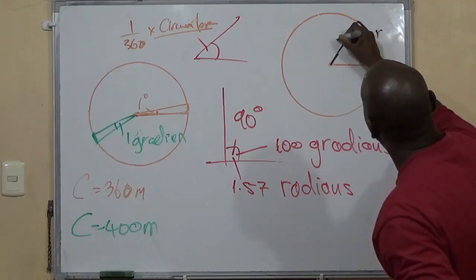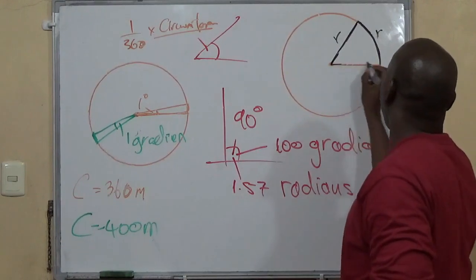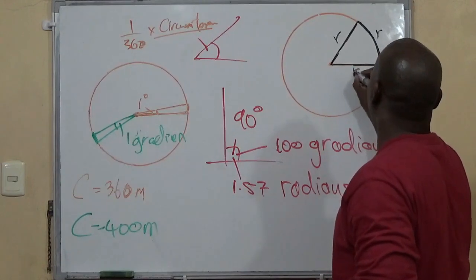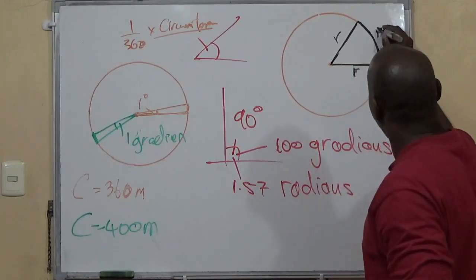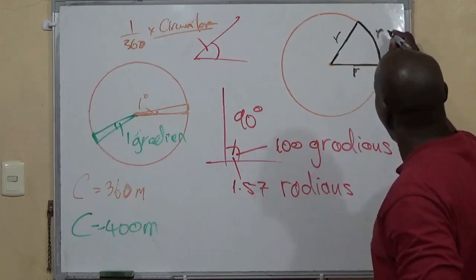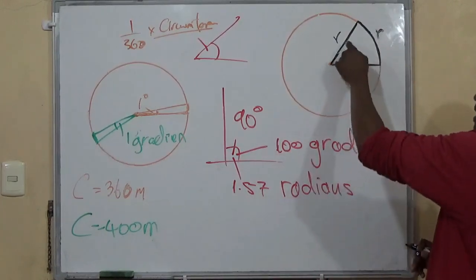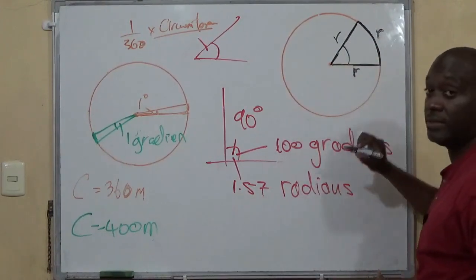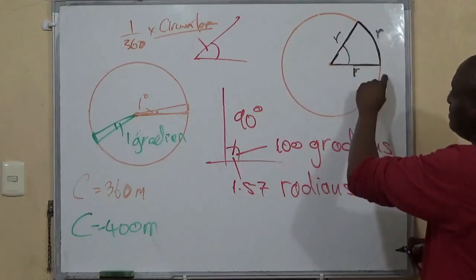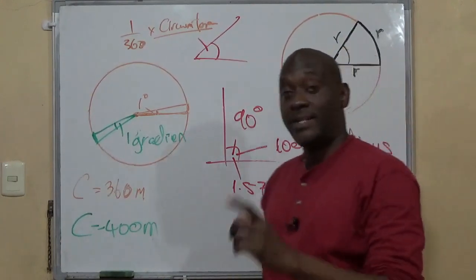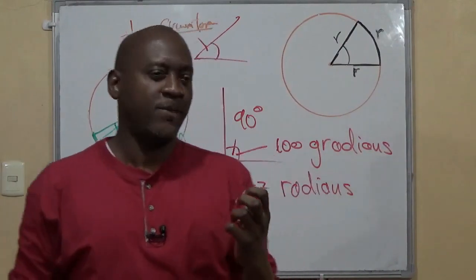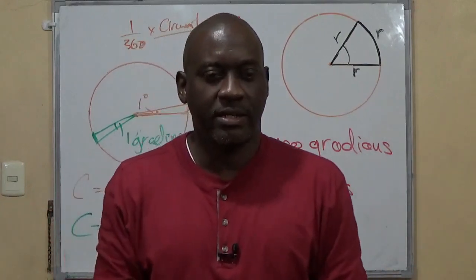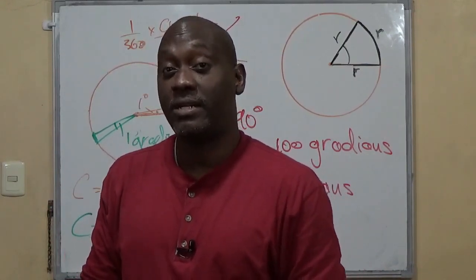So that is a radius, and that is a radius. If we make the defining arc, the arc that we're going to use to define the angular measurement, equal to 1 radius, then the angle subtended by this arc at the center is equal to 1 radian. So the radian is all about the radius. The very definition of the radian springs from the existence of the radius.